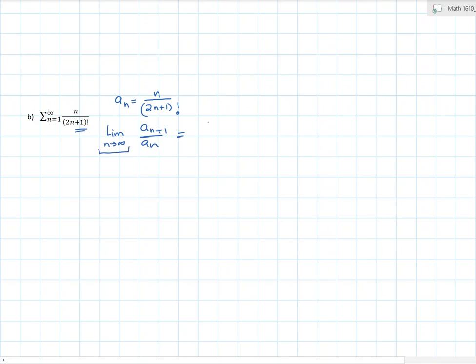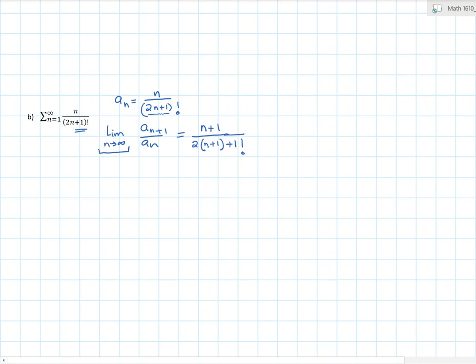Let's take the ratio, and this time I'm going to write n+1, because when I see n, I'm going to write n+1 divided by, now when I see 2n+1, since I have to find n+1, I'm going to write 2 times (n+1)+1.